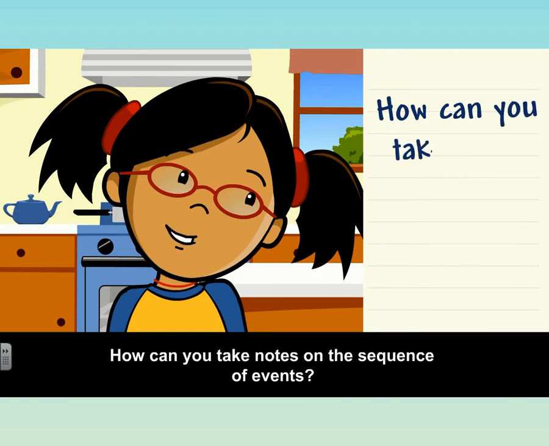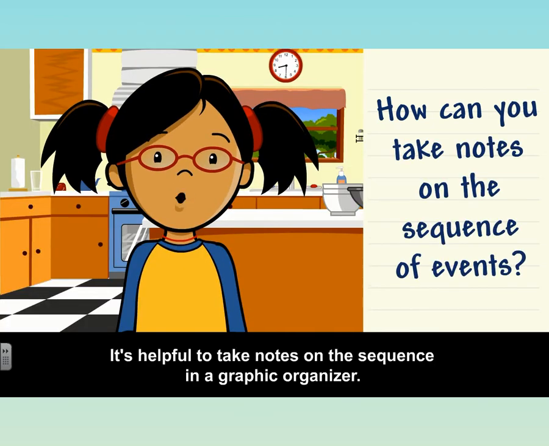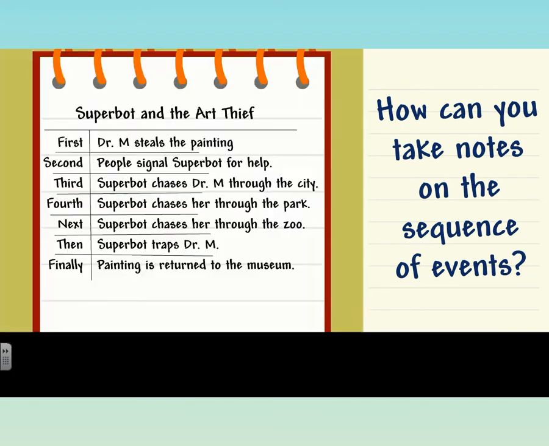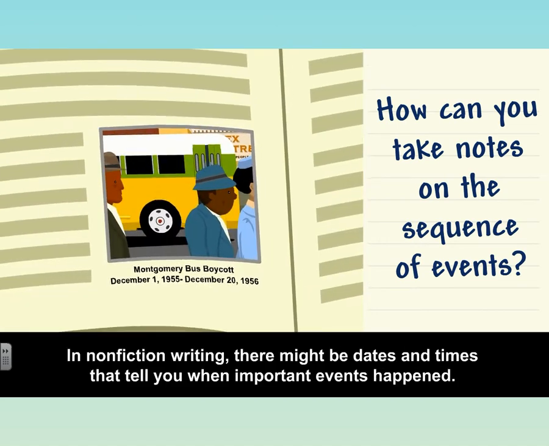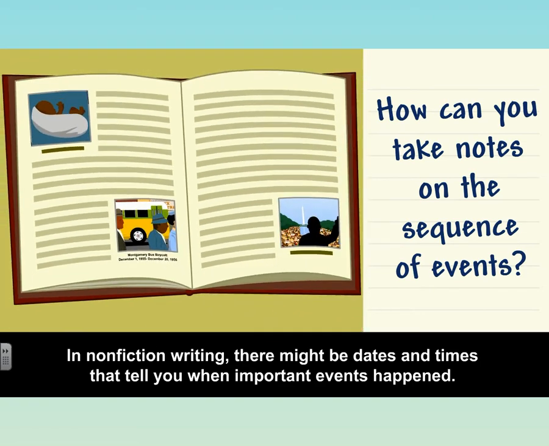How can you take notes on the sequence of events? It's helpful to take notes on the sequence in a graphic organizer. I'm going to use these notes later to help me write a book report. In nonfiction writing, there might be dates and times that tell you when important events happened.